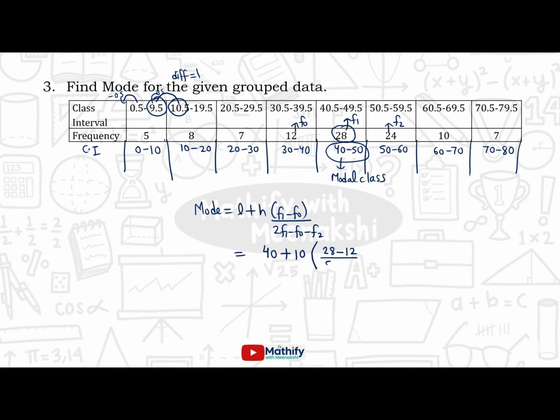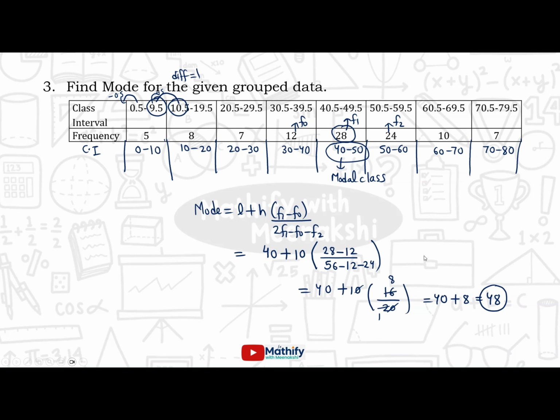Here double of this, that is 56 minus 12 minus 20. You can write 40 plus 10 into, what is 28 minus 12? That becomes 16 upon 56 minus 32, that's 24. You can cut and simplify, and you are left with 40 plus 8, and the answer is 48.